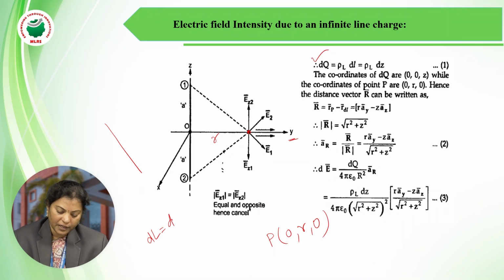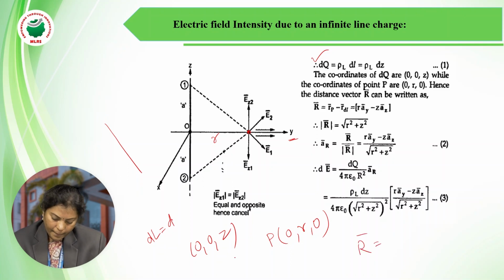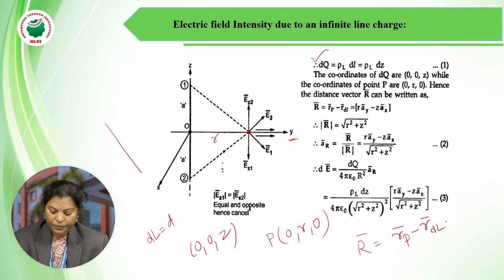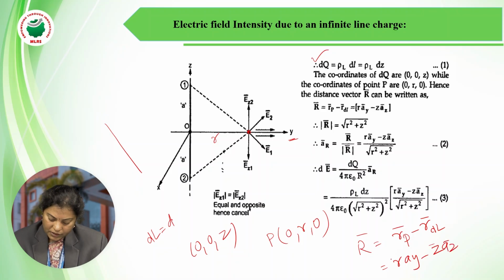Hence we calculate the distance vector between these two points, 0, 0, z and 0, r, 0. The distance vector R can be written as rp minus rdl, or rz. That is given by r into ay minus z into az. So this is the distance vector.